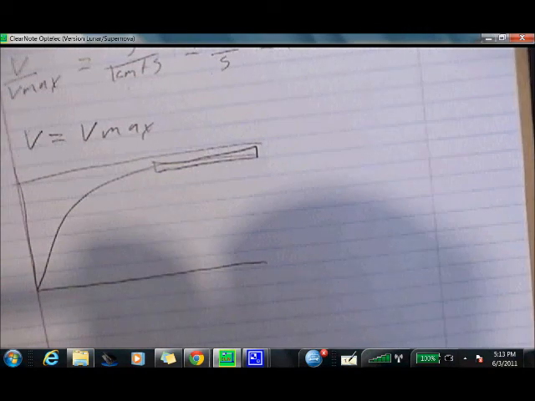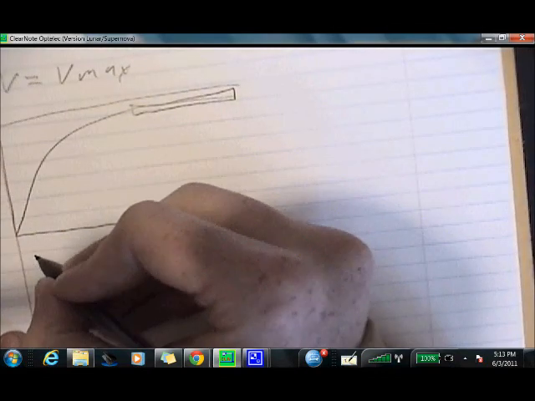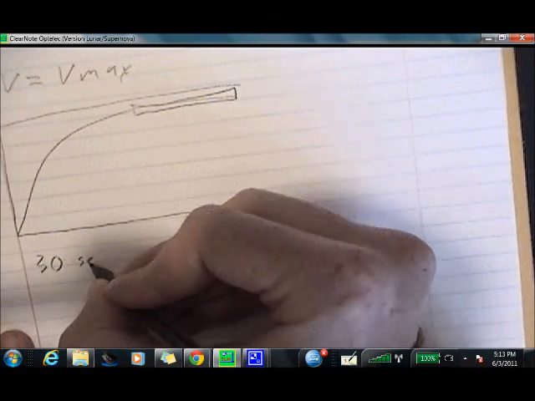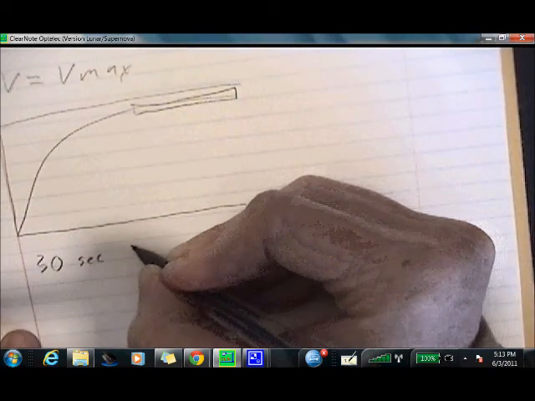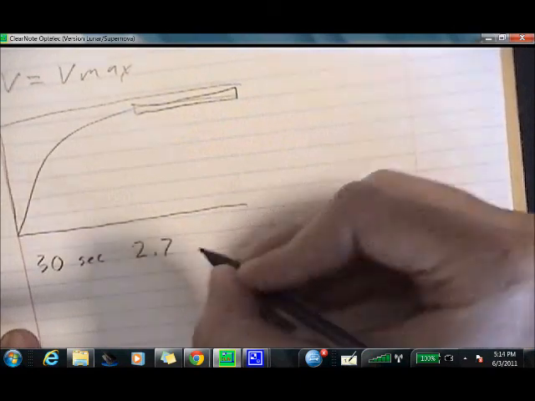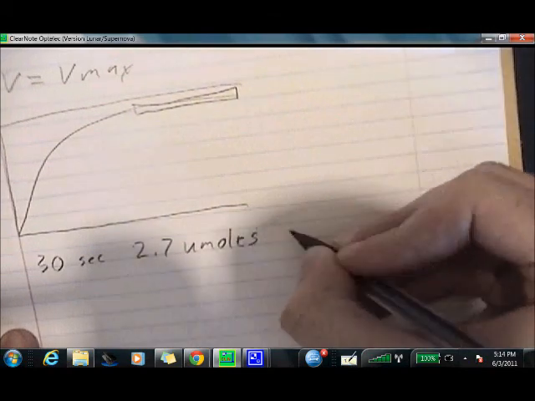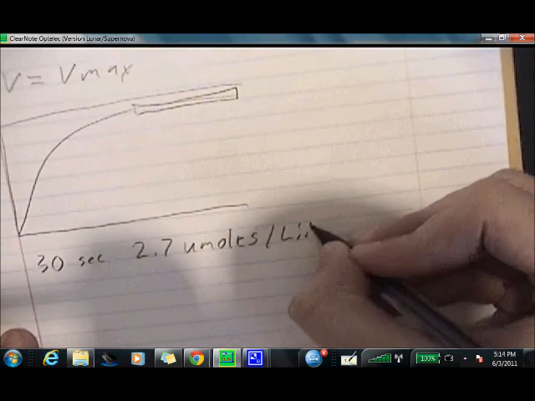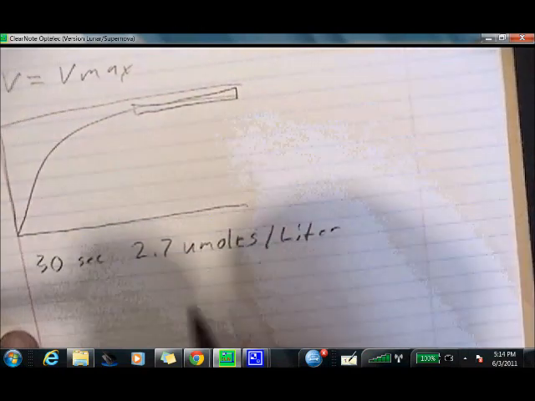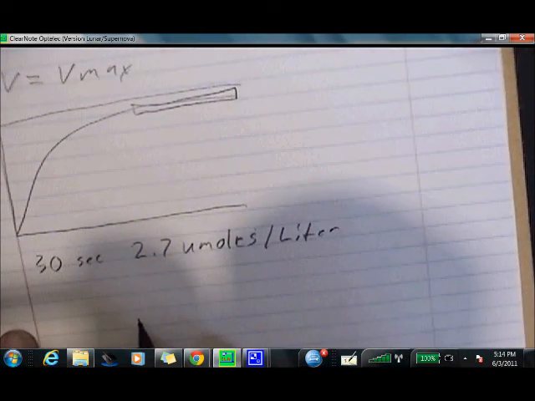Okay, so what they give us is this. At 30 seconds, 2.7 micromoles per liter has been formed of our product, right?